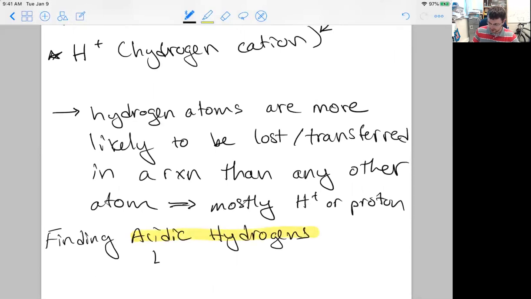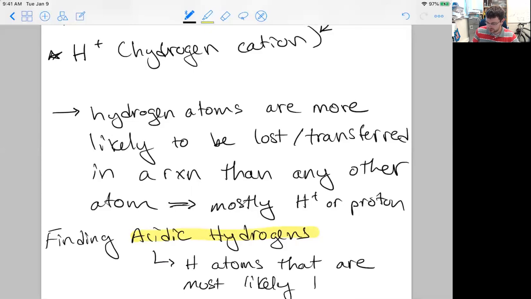Acidic hydrogens are H atoms that are most likely to be lost in an acid-base reaction. Of all of the hydrogen atoms, these are the ones that are most likely to be lost.